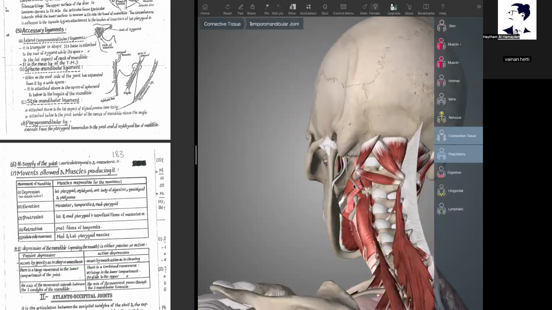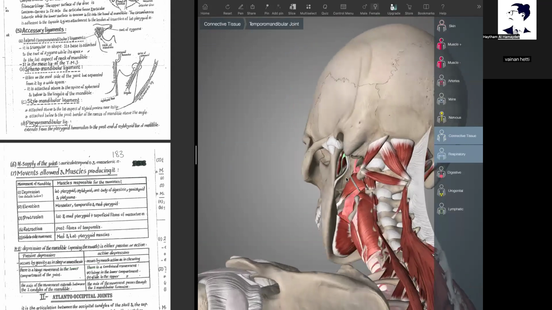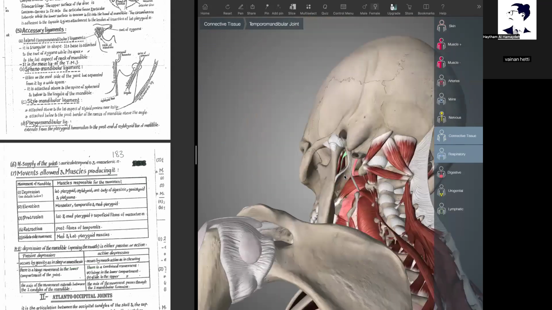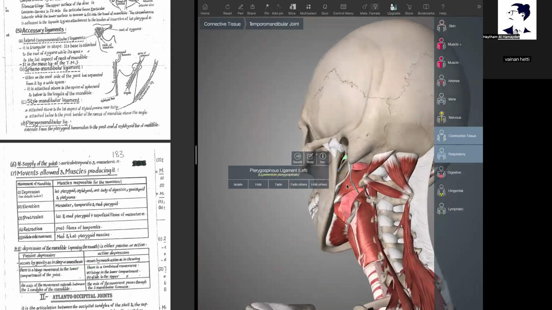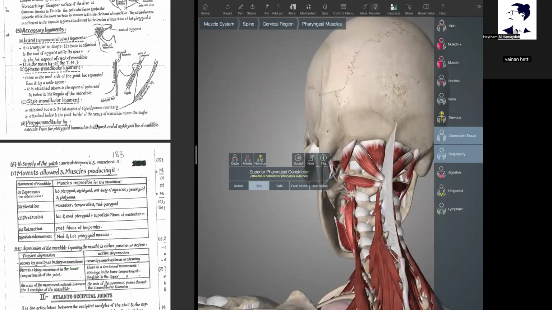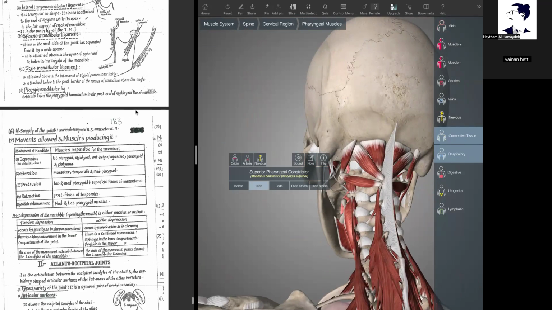And finally, number 4. Not this one. Don't know if it's here actually. Okay, it's not here, but it's called pterygomandibular ligament, from pterygoid hamulus to mylohyoid line of mandible.